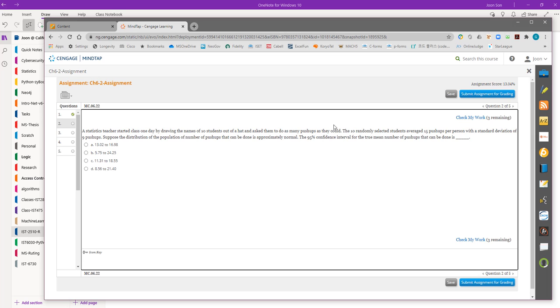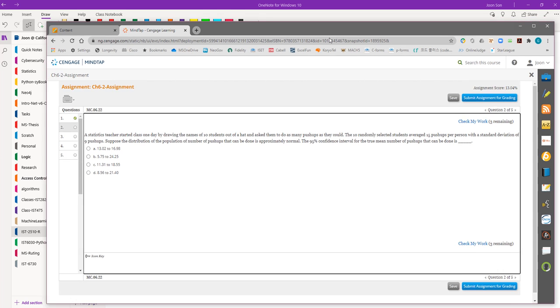Suppose that the distribution of the population of the number of push-ups that can be done is approximately normal. The 95% confidence interval for the mean number of push-ups that can be done is, so this problem basically asks you to find the confidence interval.